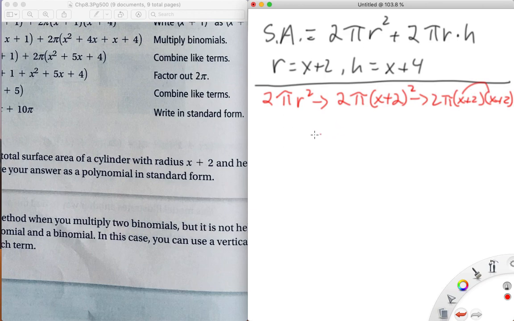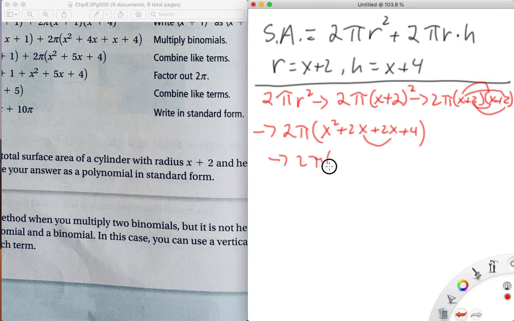X times x is x squared. X times 2 is 2x. 2 times x is 2x. And 2 times 2 is 4. Then I combine like terms, and that gives me 2 pi times x squared plus 4x plus 4.